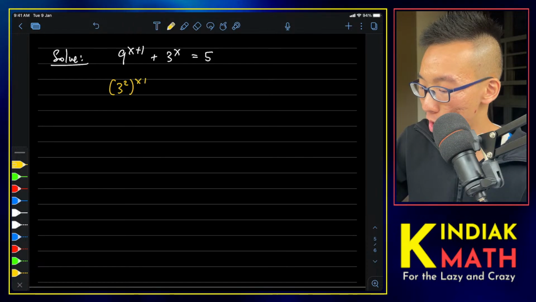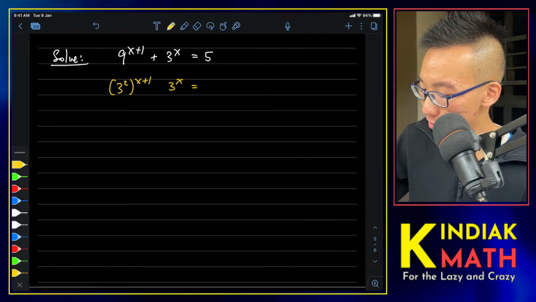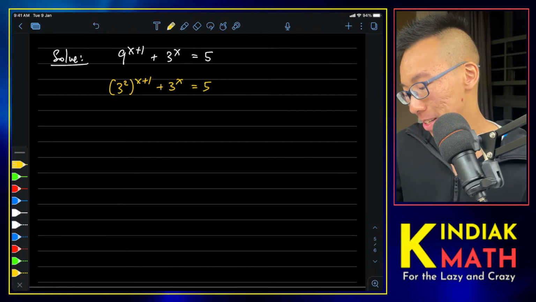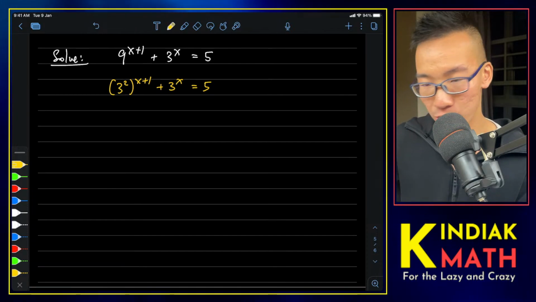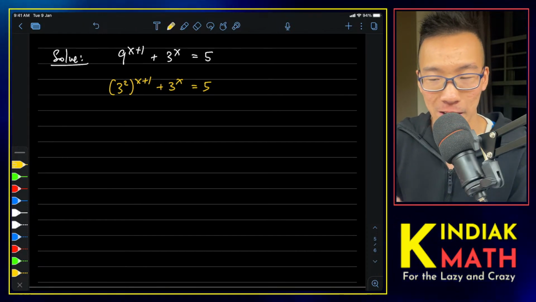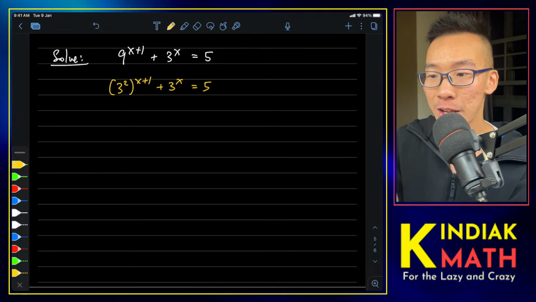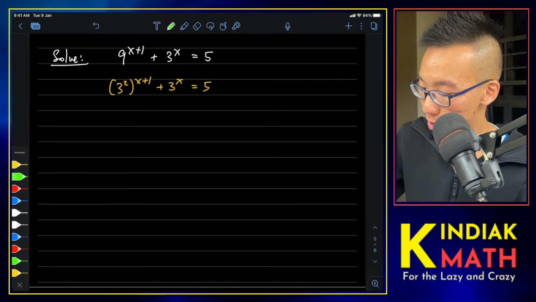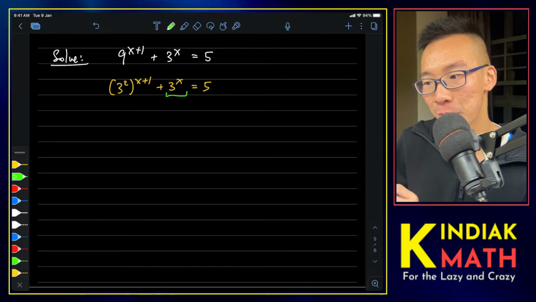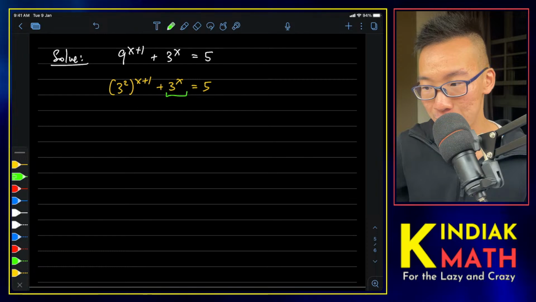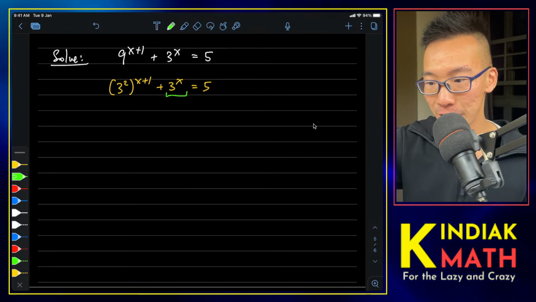And you might be wondering, why would we want to write it in that manner? Well, if we've practiced our papers and our tutorials, this really is a standard technique that we've seen many times. But the idea is that 3 to the x is going to play a special role for us in this question.